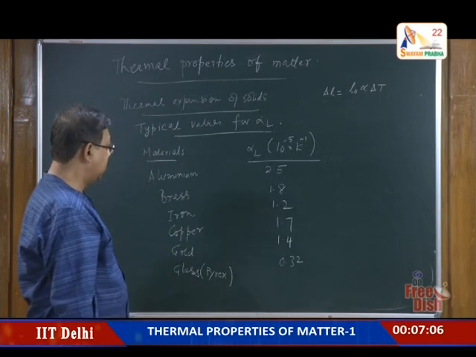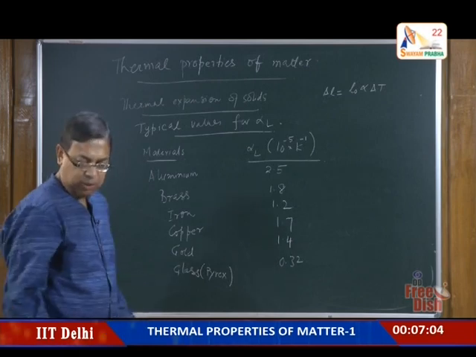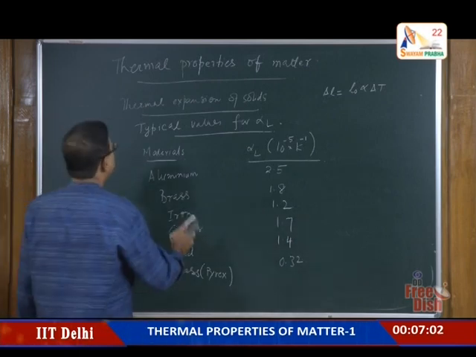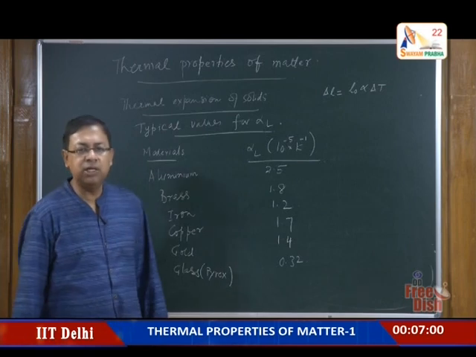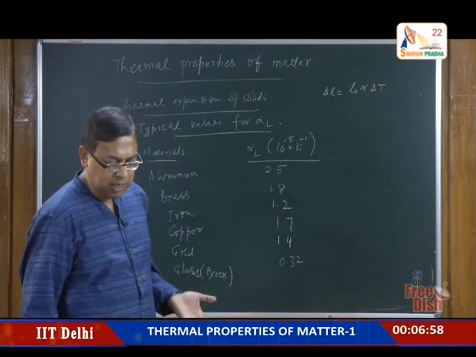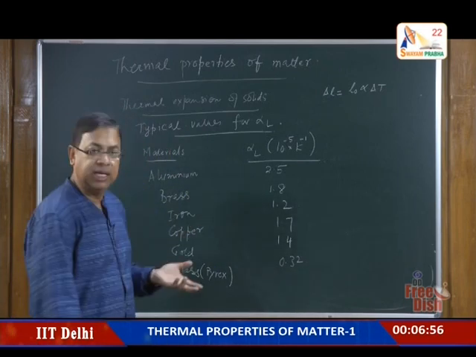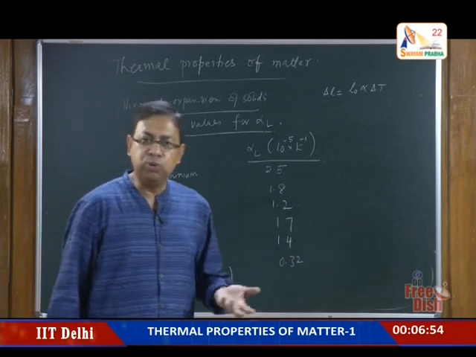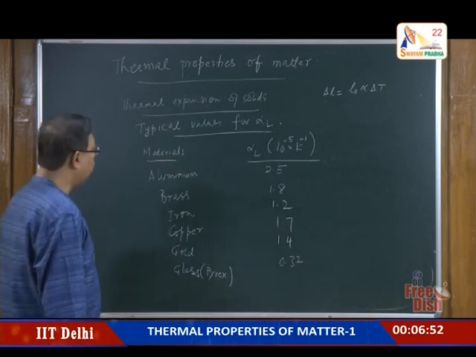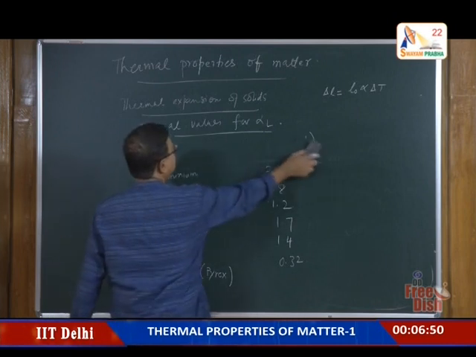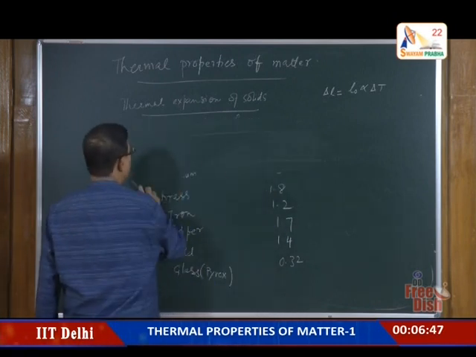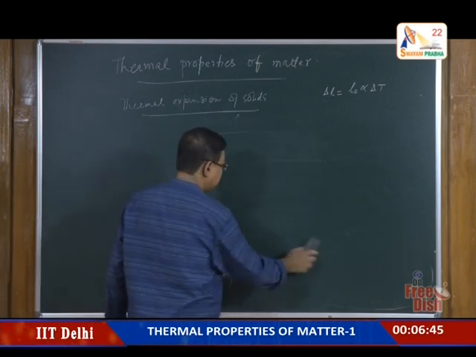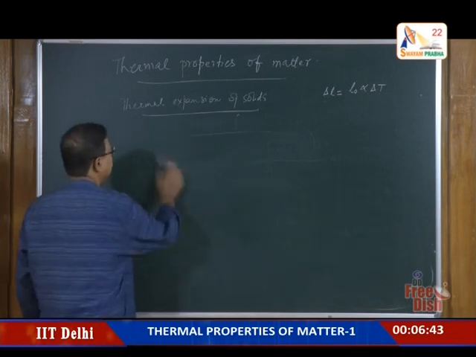So let us look at also some of the data for the volume coefficient of expansion. We will not provide data for this. They are available in any textbook or any data book that you come across. Let us only give a behavior of alpha v, which is a volume coefficient of expansion.